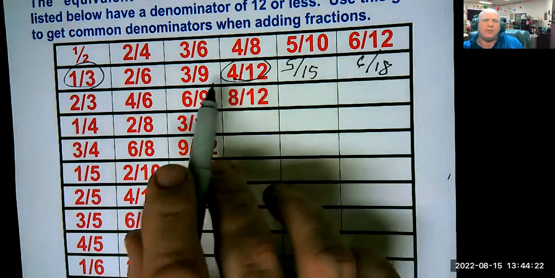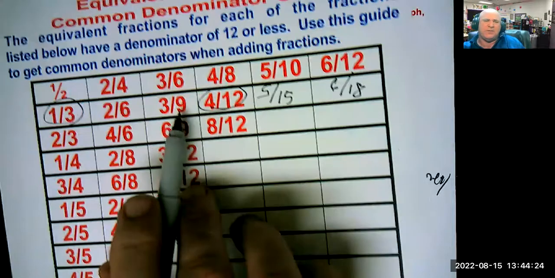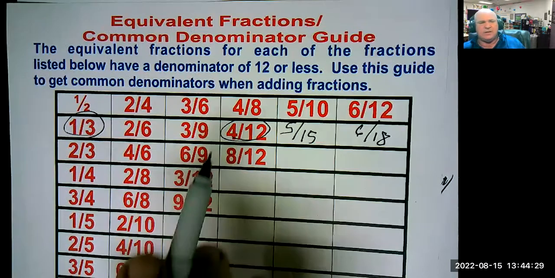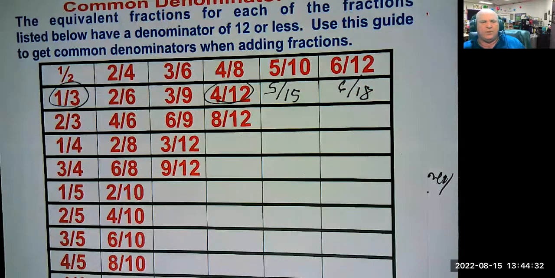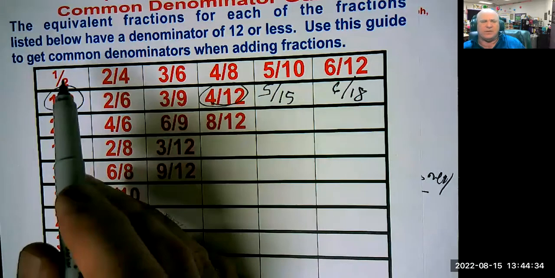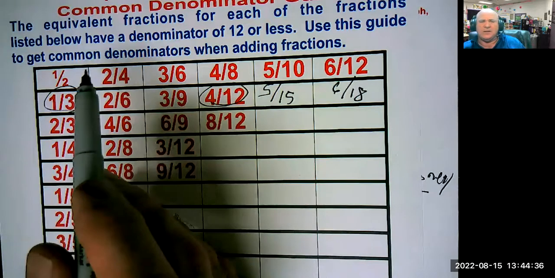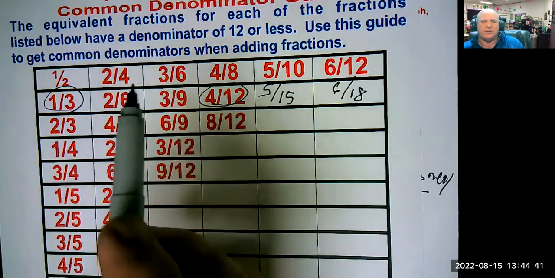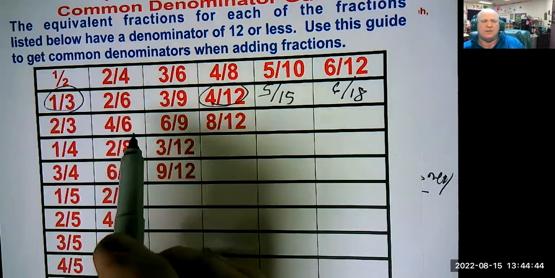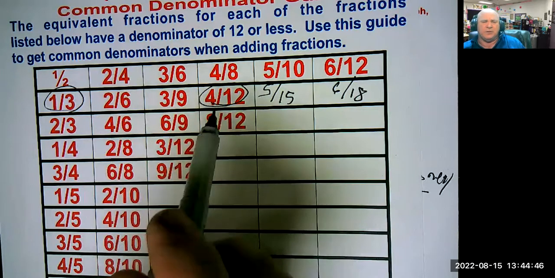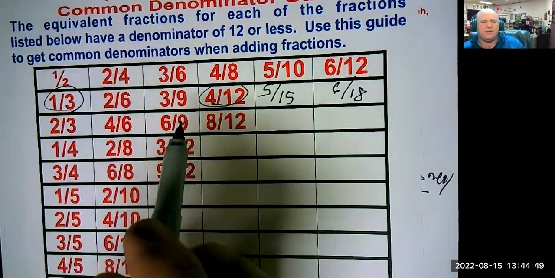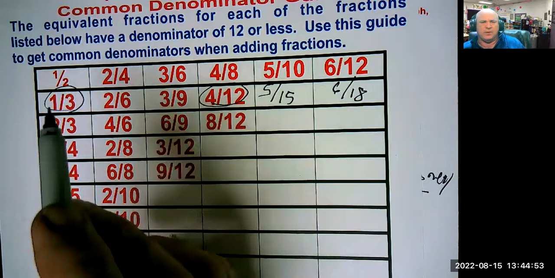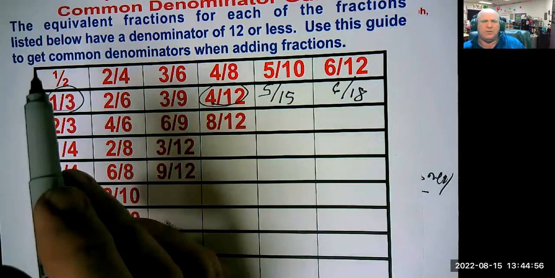So it's probably important that you have your kids set up an equivalent fractions chart like I did, because it's so easy to do. 1, 2, 3, 4, 5, 6. 2, 4, 6, 8, 10, 12. See how it works? Front numerator, 3, 6, 9, 12. So you just keep multiplying by the same digit on the top, and then do the same thing by the same digit on the bottom.